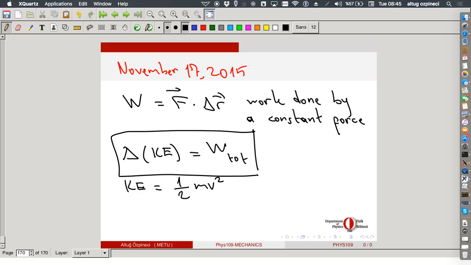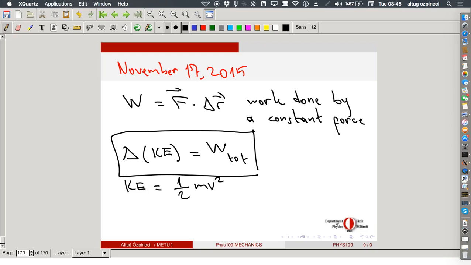Now we can define the work done for each one of the forces acting on an object. For example, take this example: let's say initially it is at rest, then it starts moving. Then the work done by the normal force exerted by my hand is 0.